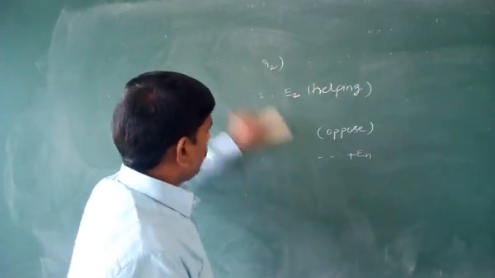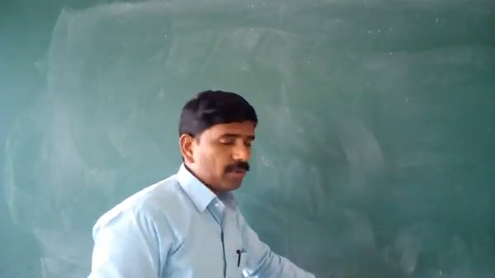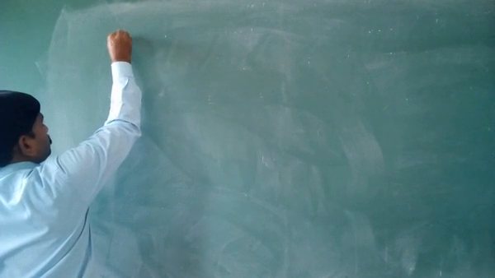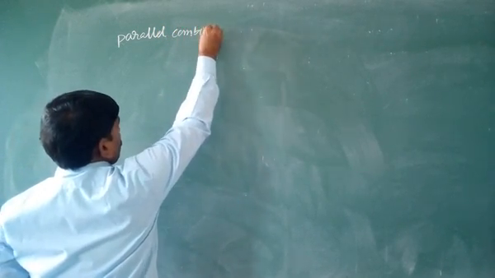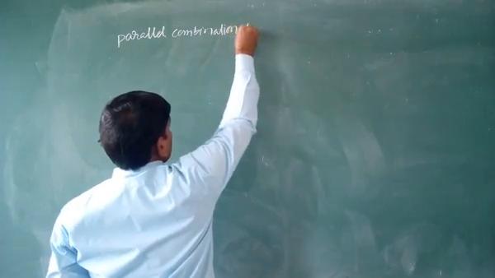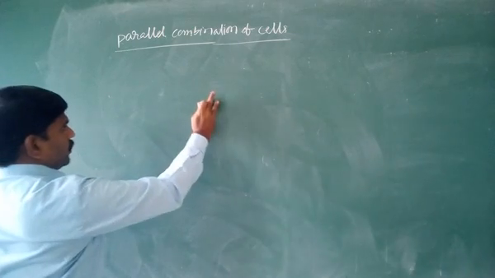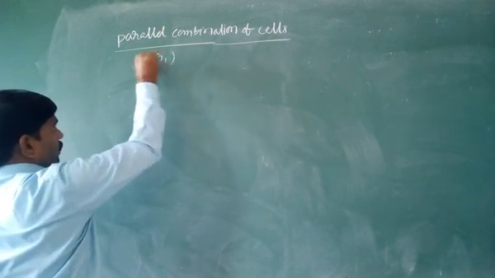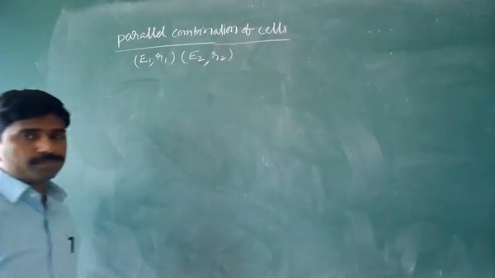In the parallel combination of cells, here we are taking two cells having EMFs E1 and E2 and internal resistances R1 and R2. The first cell has EMF E1 and internal resistance R1, and the second cell has EMF E2 and internal resistance R2.